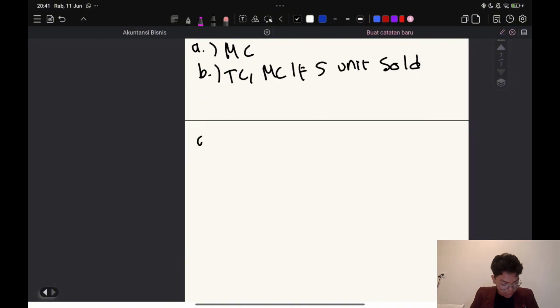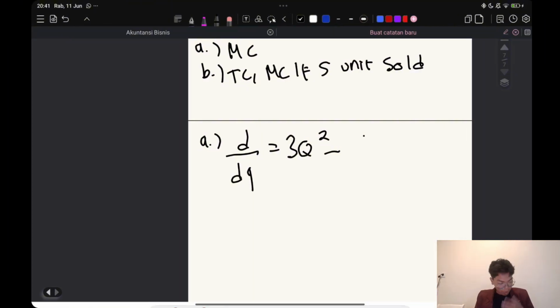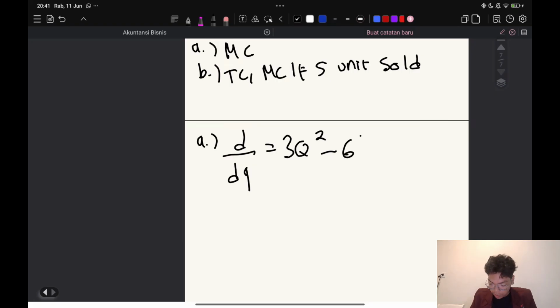Okay, the answer is A. Plug the formula: d per dQ of the total cost. The derivative of the total cost is 3Q power 2 minus 6Q plus 4.